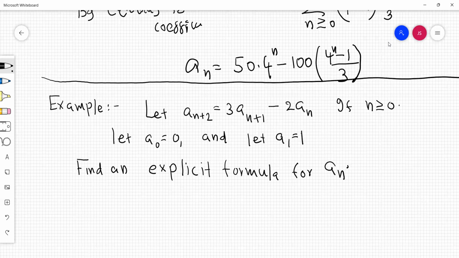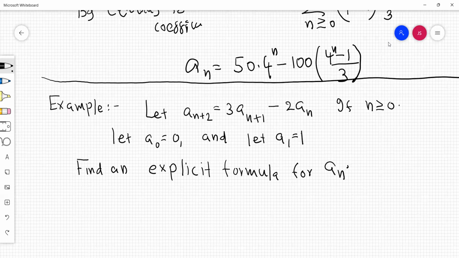By the way, is this a linear recurrence relation? Is this a second order linear recurrence relation? Yes, I think yes, sir. Yeah, it is a second order linear recurrence relation.